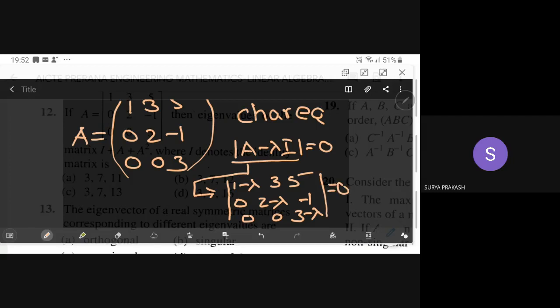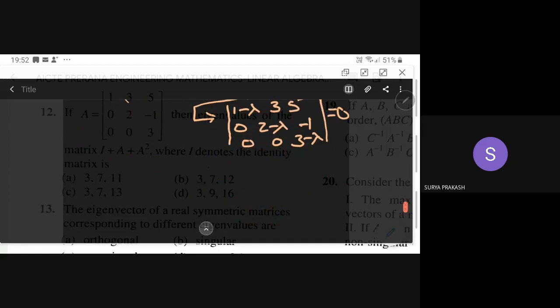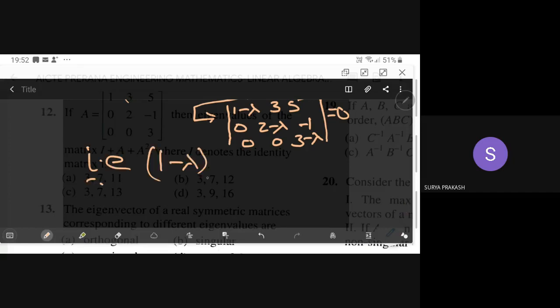But this being an upper triangular matrix, its determinant is the product of the principal diagonal elements. So the left hand side now reduces to 1 minus lambda into 2 minus lambda into 3 minus lambda equal to 0.